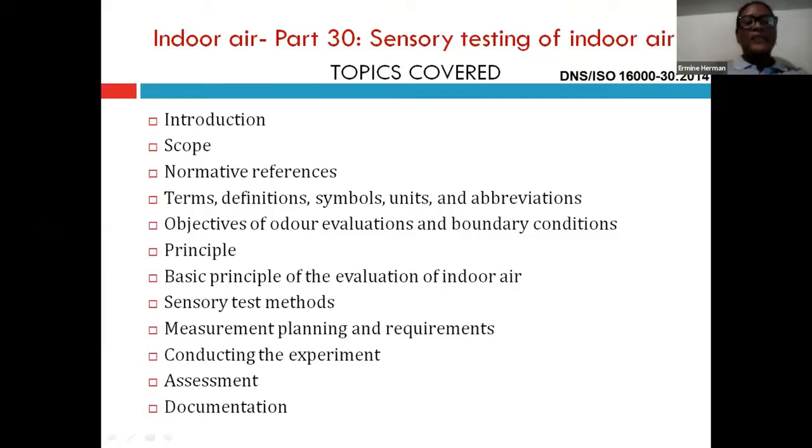Part 30 looks at the sensory testing of indoor air, and many persons would wonder why. Generally this standard looks at putting together a group of individuals whom you would call your panel, and they would use their olfactory sense, the sense of smell, to determine the quality of the indoor air.